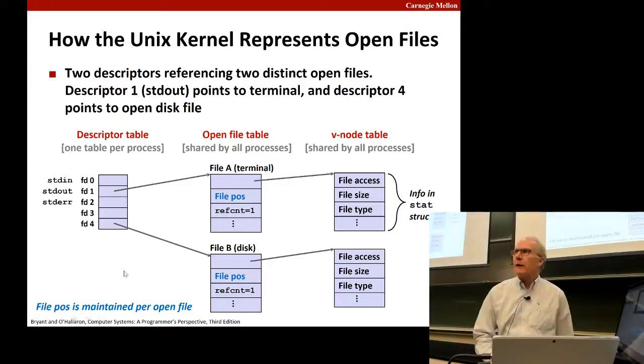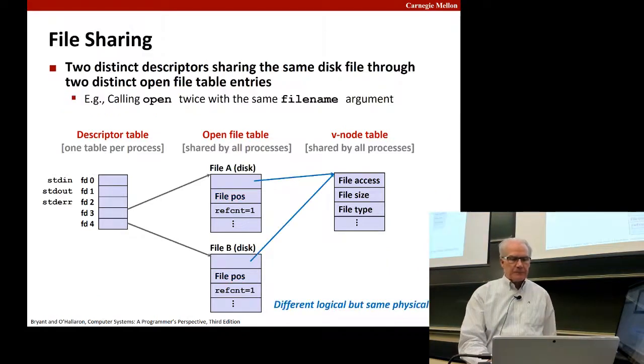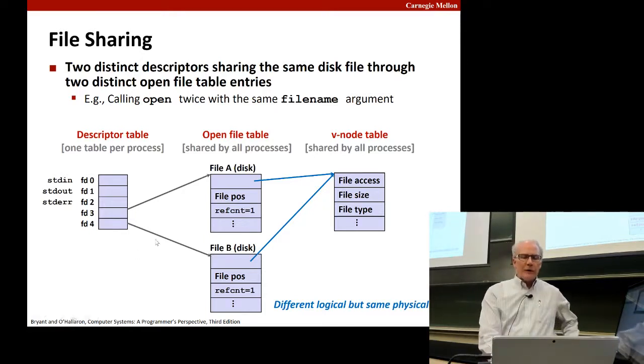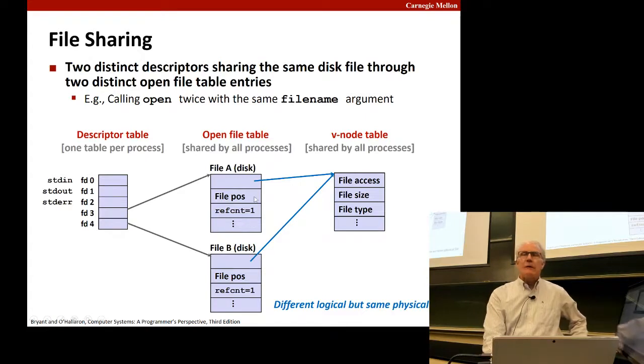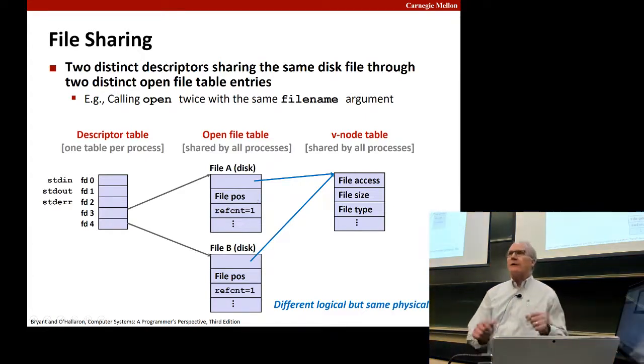So let's see how that all works. As I mentioned, if you call open twice on the same file, you'll have two different descriptors in this open file table, even in the same process. So I will get two different records in this open file table, both pointing to the same file. The important fact about that is I'll have different positions.